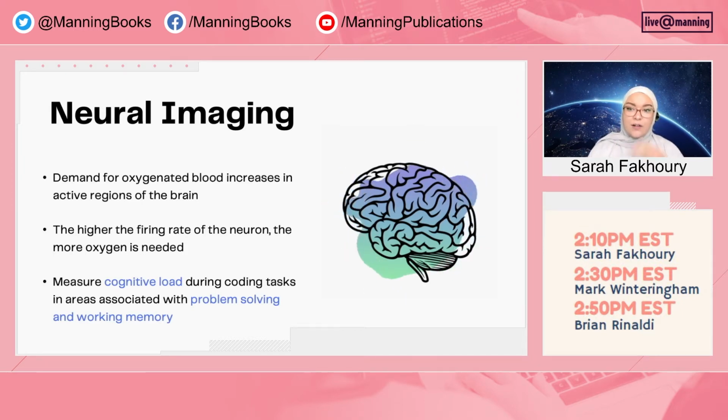So the harder a certain area of your brain is working, the more oxygenated blood rushes to that area. So if we can measure the amount of oxygenated blood in the areas of the brain associated with working memory, then we can quantify cognitive load, right? And if we can measure cognitive load on developers that are reading code, then we can quantify the effect of that code on the working memory areas of the brain.